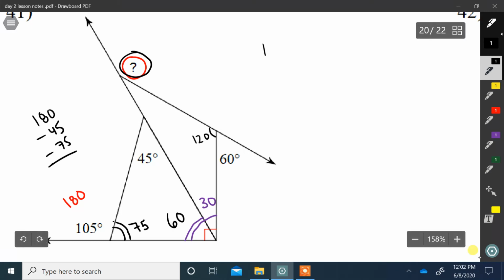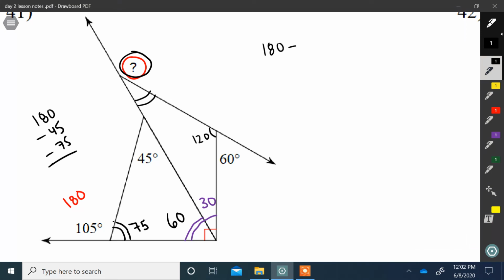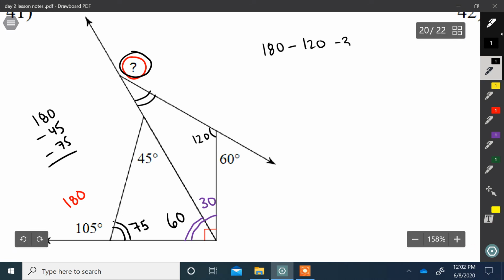Okay, we have 180. To get this one, I'm going to subtract 180 minus 120 minus 30. So 180 minus 120 minus 30, that's going to be 30 right there. Okay?